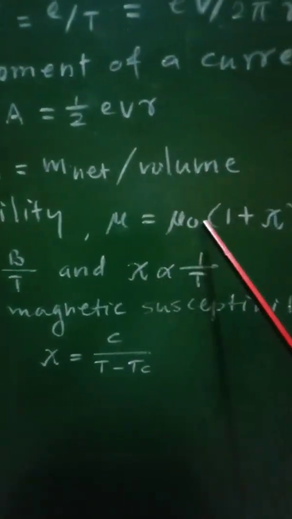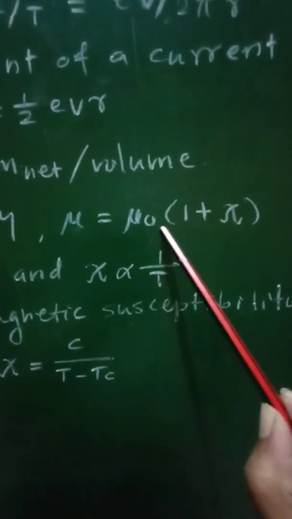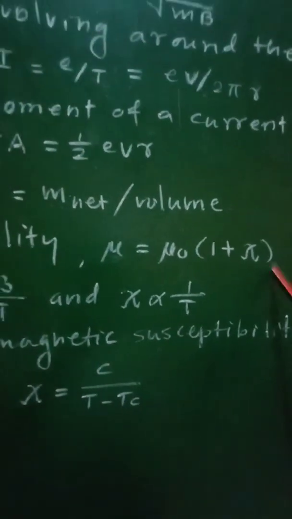that is mu equal to mu 0 into 1 plus chi, where chi is susceptibility.